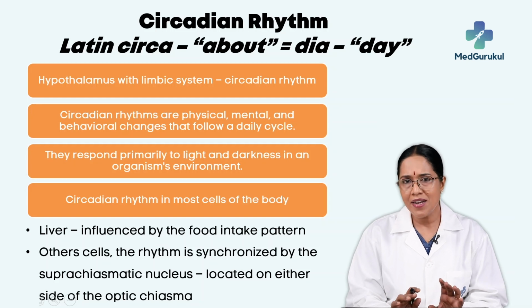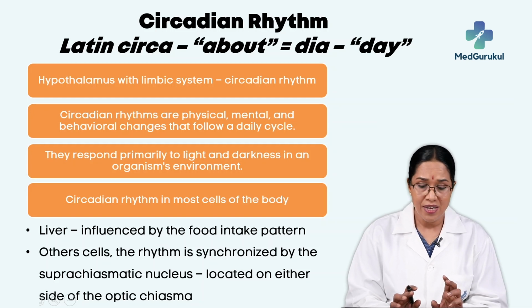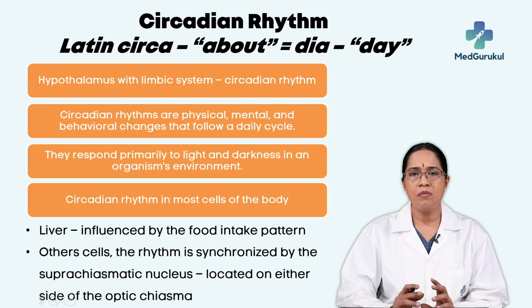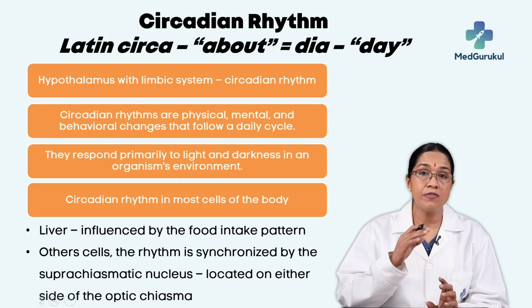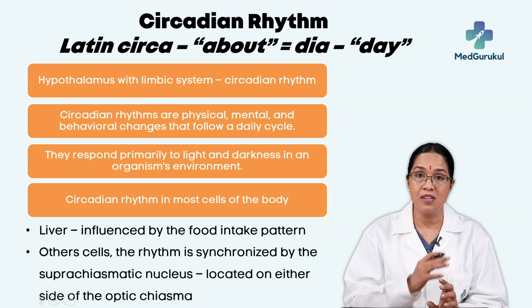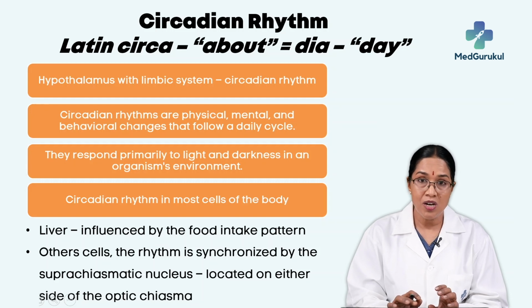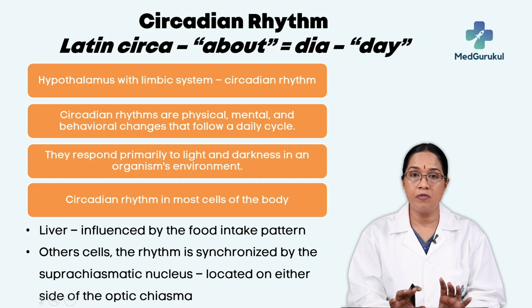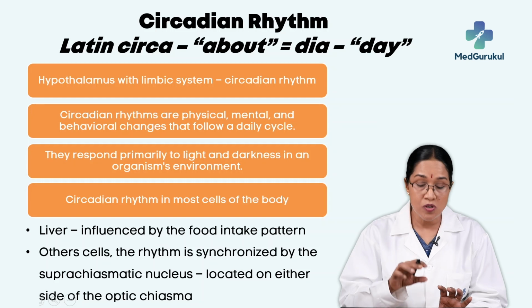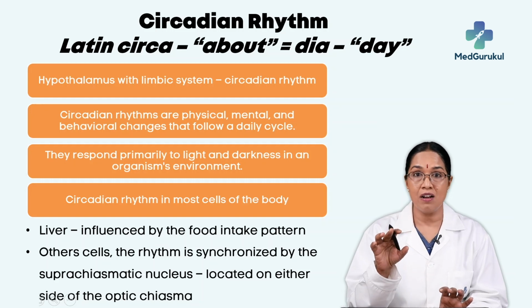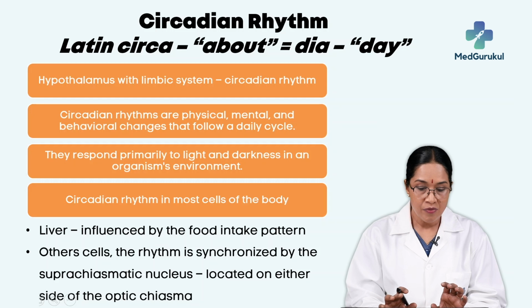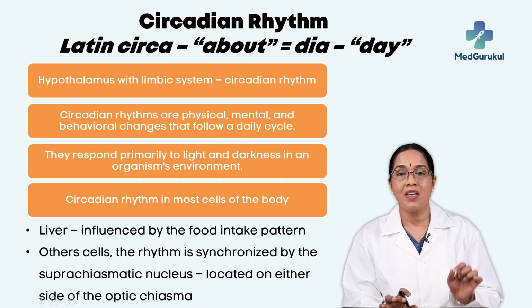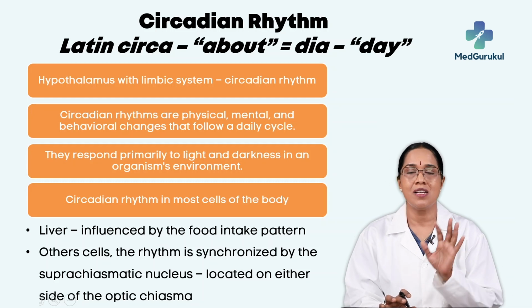This circadian rhythm can be mental, it can be physical, or it could be any behavioral change of yours which follows a daily cycle, and the primary response is to light and darkness around an organism's environment, and the circadian rhythm is present in most of the cells of your body.